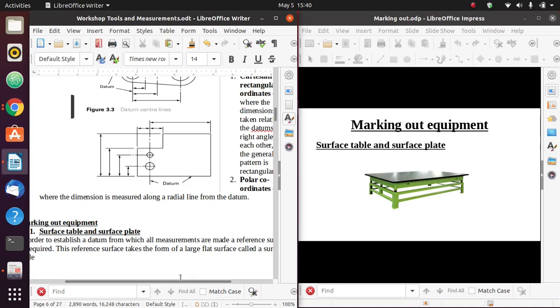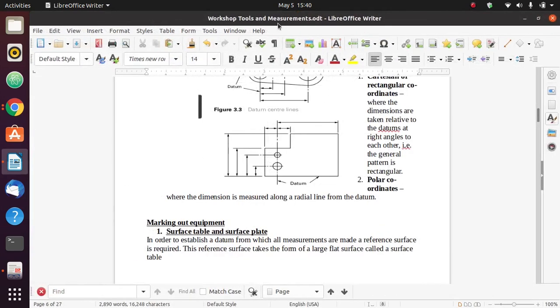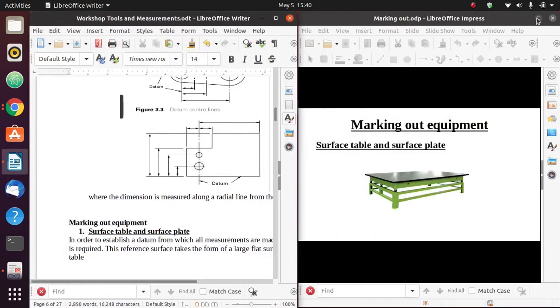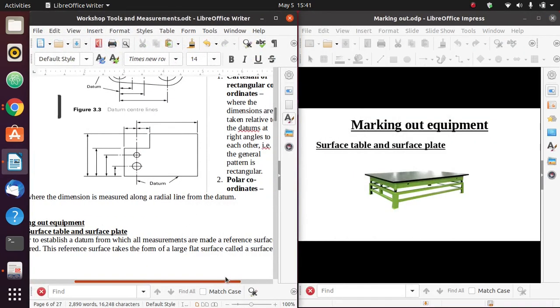Now, for me to establish a datum from which I will take my dimensions, I have to have a reference surface on my workpiece. Now, how will I establish this reference surface on my workpiece? I will place my workpiece on the surface table.